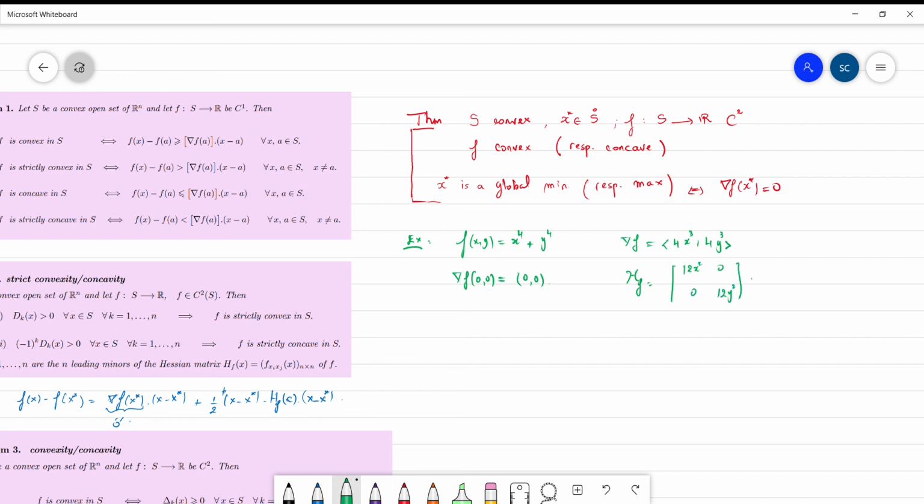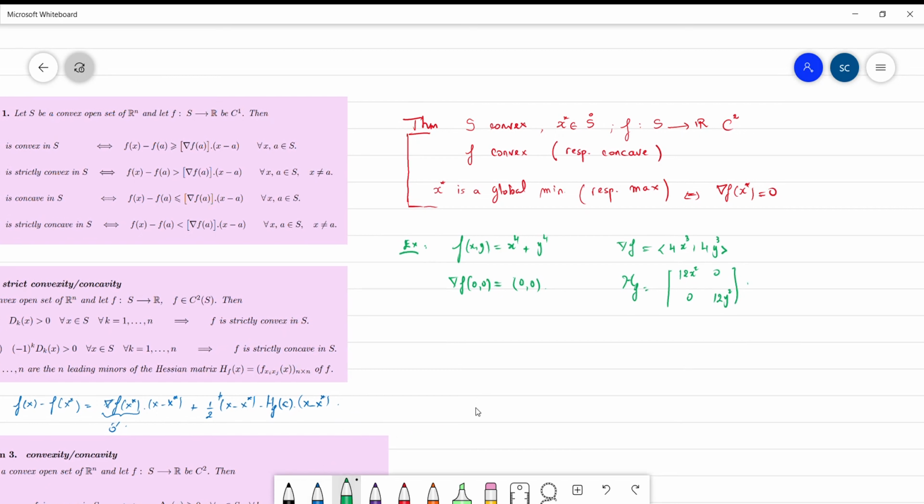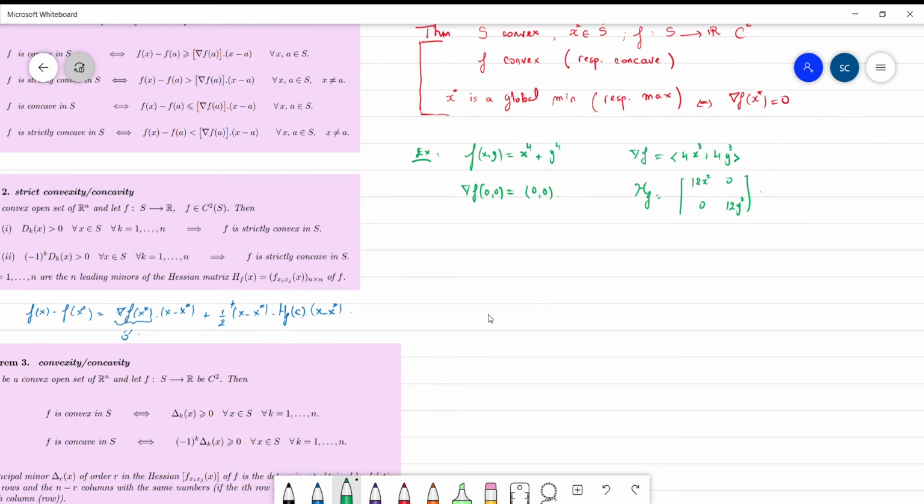But look at what happens if we try to compute the Hessian at (0,0). It will give us the zero matrix. But then that means strict convexity we cannot check. We cannot use this theorem for strict concavity or convexity.